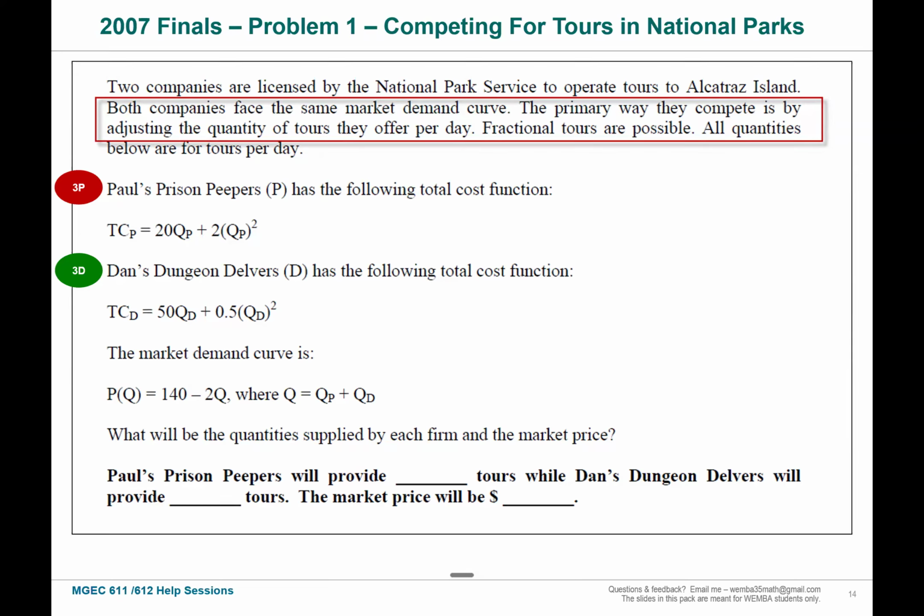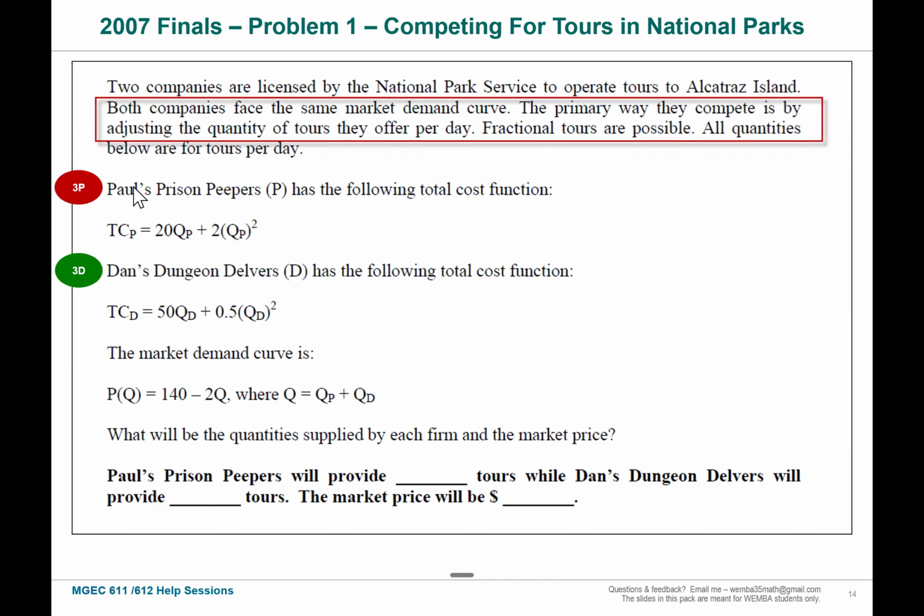Fractional tours are possible. They're making decisions simultaneously. It doesn't say it's simultaneous decision making, but since they don't mention that one firm has a first mover advantage, the default case is simultaneous decision making. But they say very explicitly that they are competing on quantity.